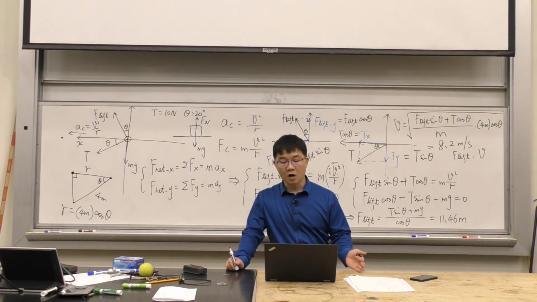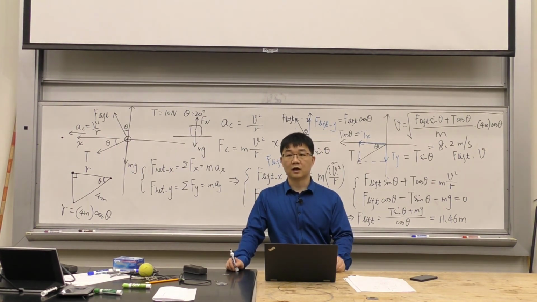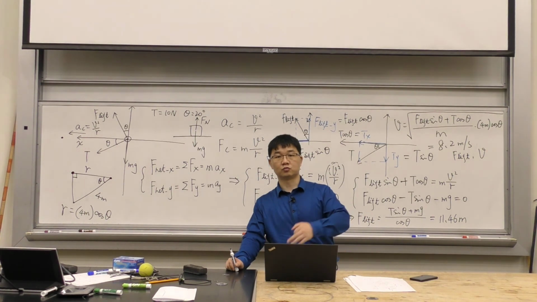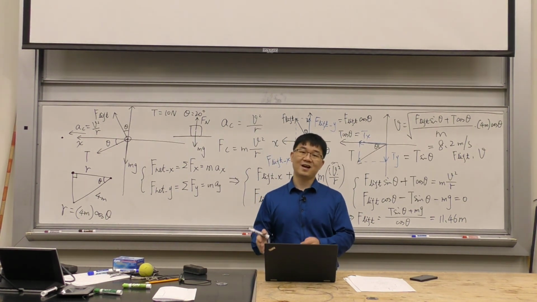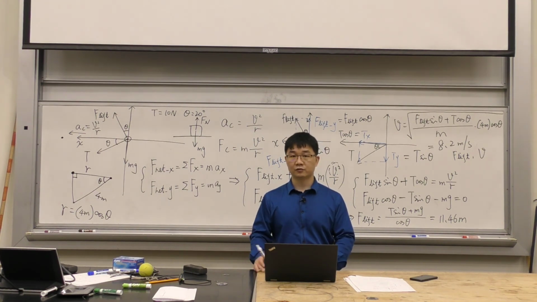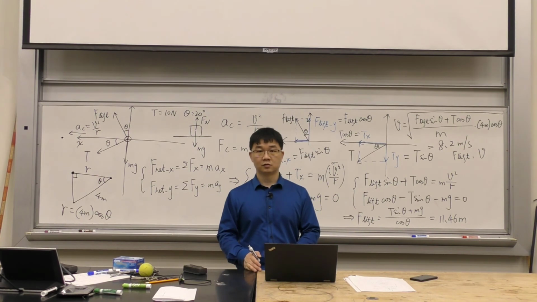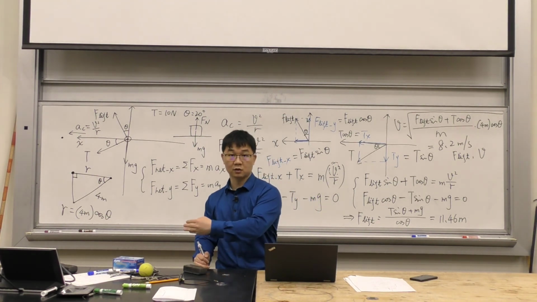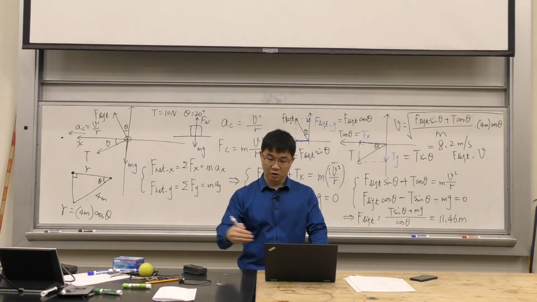It's always opposite to the motion or attempted motion. If it's moving, then it's kinetic friction, so it's opposite to motion. If it's not moving, there might still be a static friction on it, and the static friction force is opposite to attempted motion. The object wants to move in this direction, so the static force is going to keep it from moving, so it points in the opposite direction. So that's how you find the friction force.